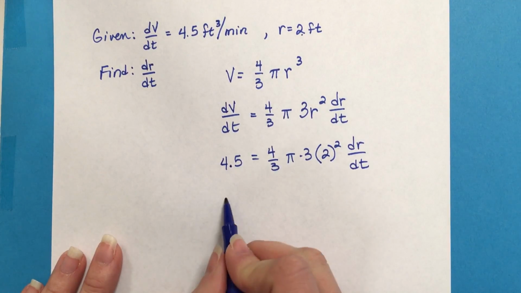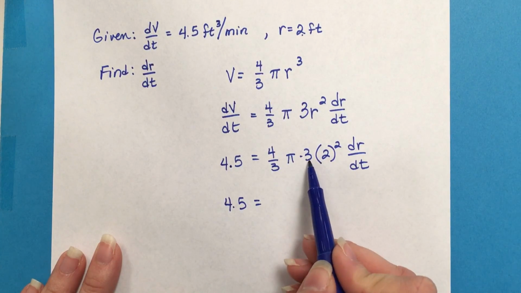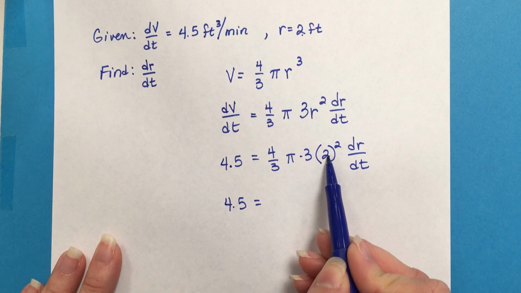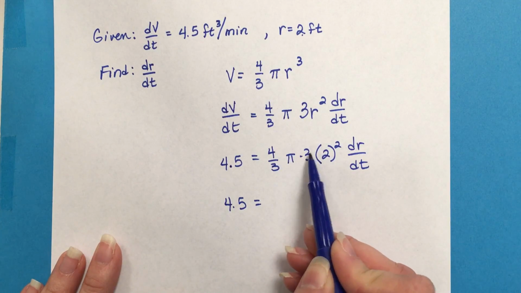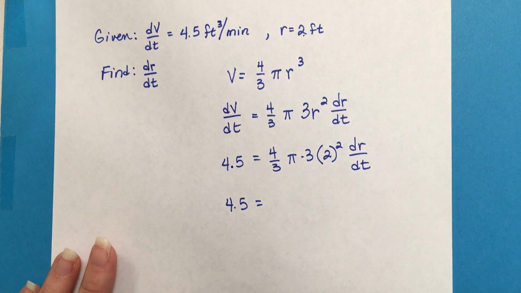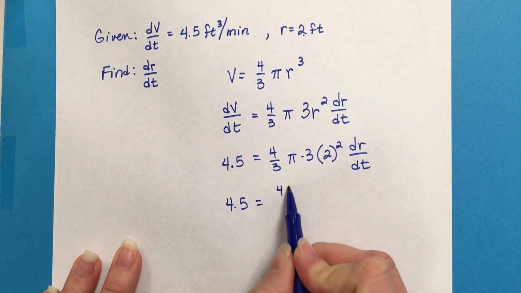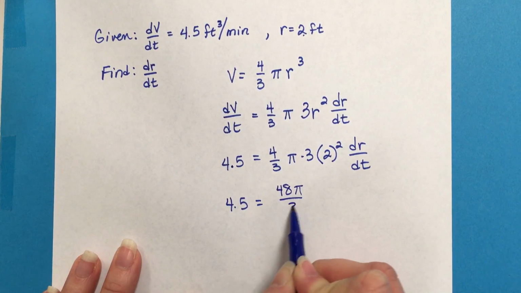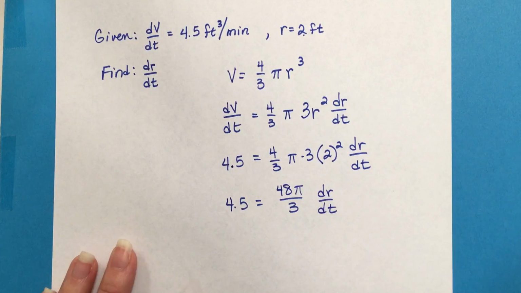Of course, this is understood to be over 1, this is understood to be over 1. So I can do the 4 times the pi times the 3 times the 2 squared. Let's just go ahead and multiply all of that. 4 times 3 is 12, so that would be 48 pi divided by 3 dr/dt.